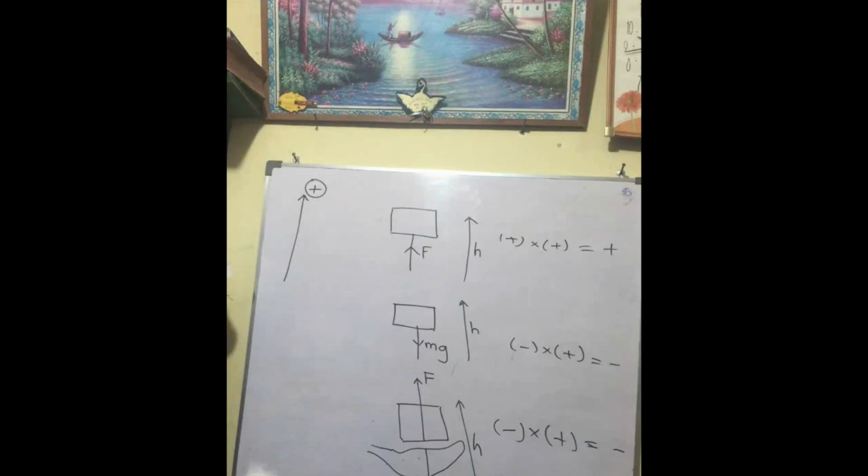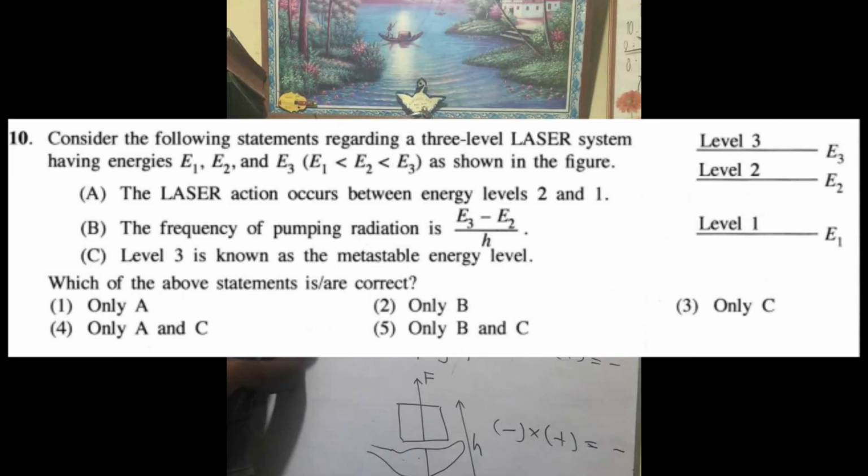So the next question: consider the following statements regarding a three-level laser system having energies E1, E2, and E3. The energy of E1 is smaller than E2, and the energy of E2 is smaller than E3, as shown in the figure.